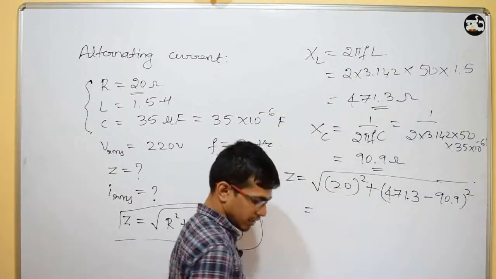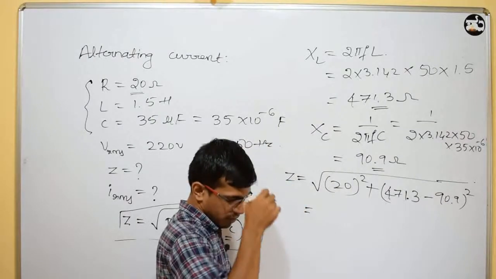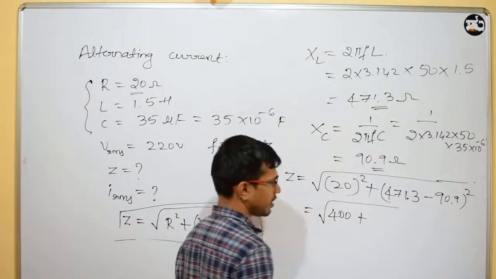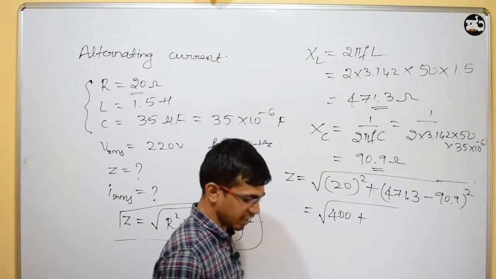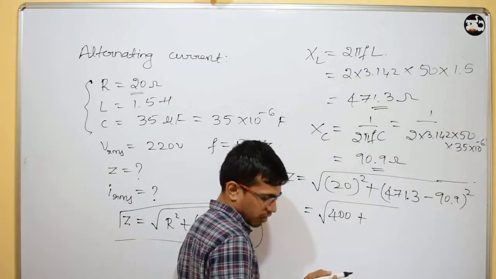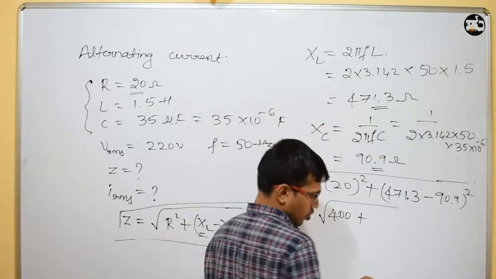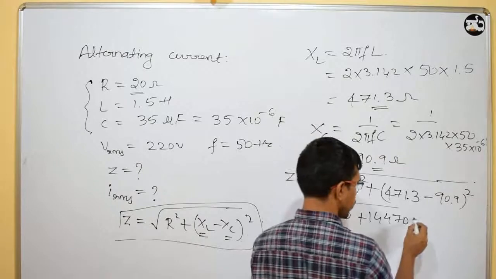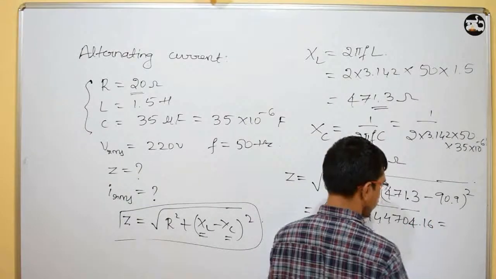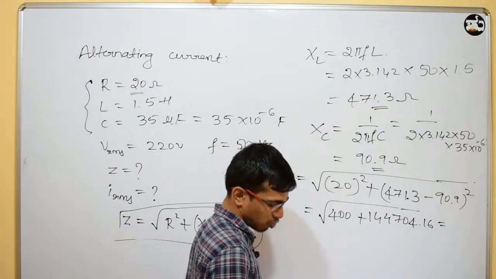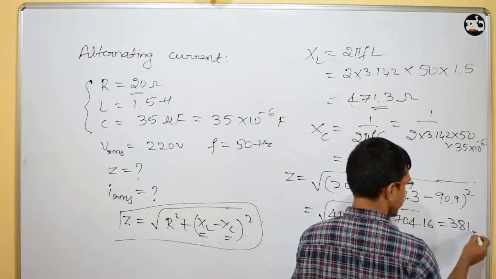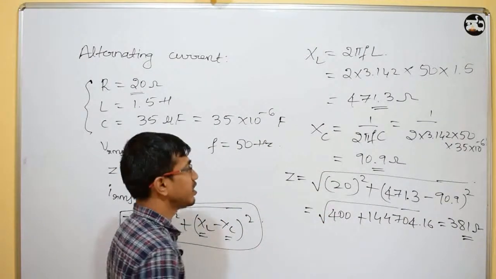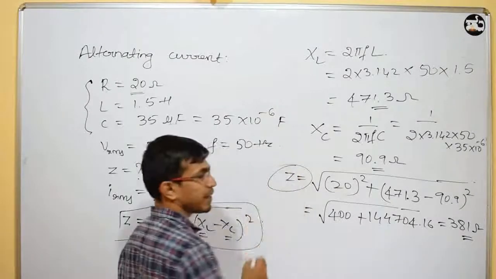If you solve this, you will get the square root of 400, as you already know, plus 144,707, which is 704.16. If you solve this, you will get the final answer as 381 ohm. Okay, so this is how you need to solve the problem for impedance Z here.